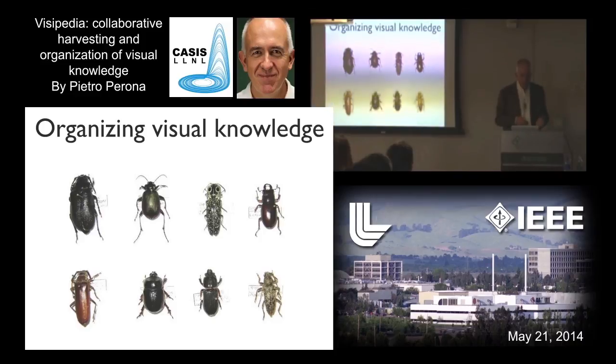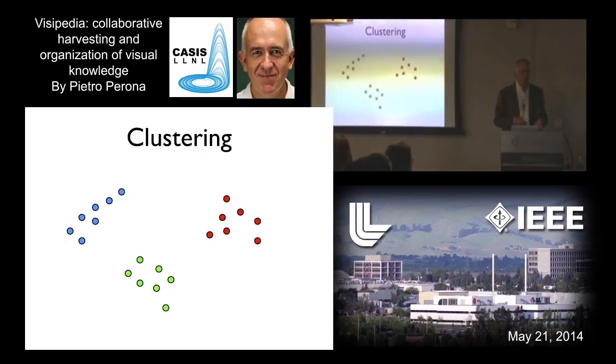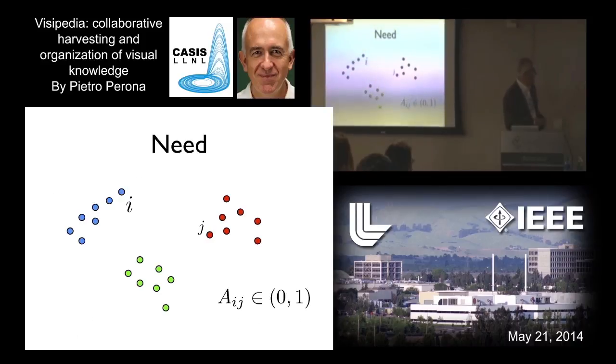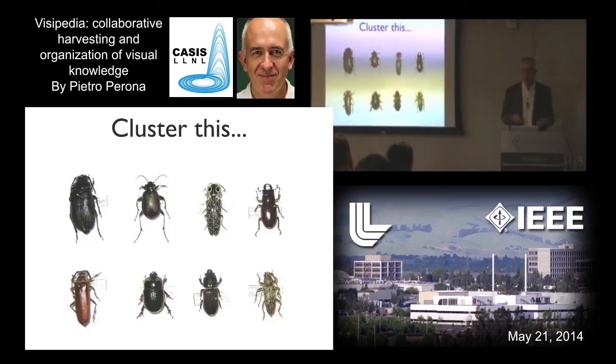Now, we know how to do clustering. So we know that once you have points in some Euclidean space, or even if we have not even distances, affinity matrices, we know how to apply math to data in order to cluster it. But here we have actual pictures, and which features should we use?